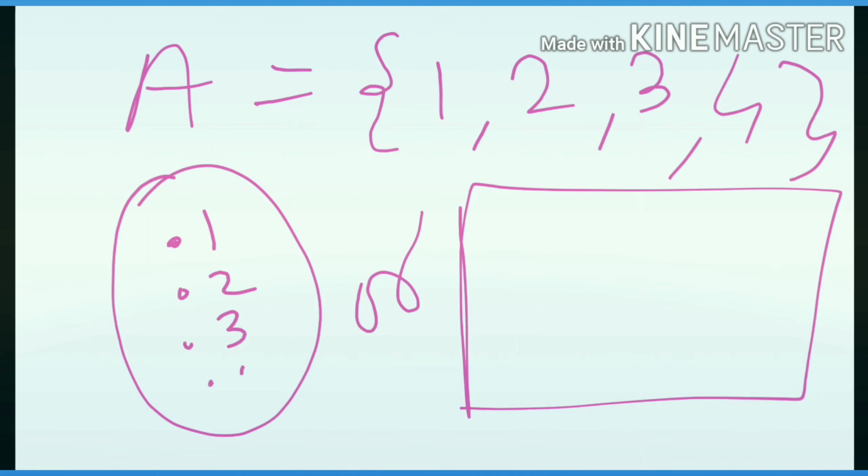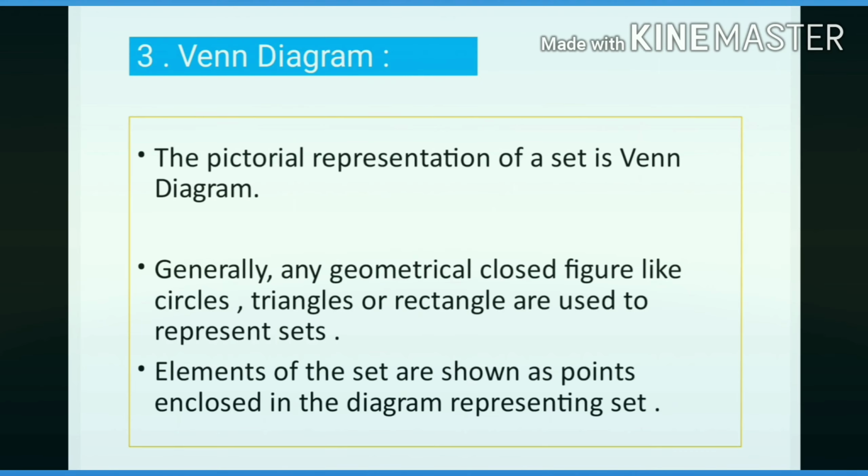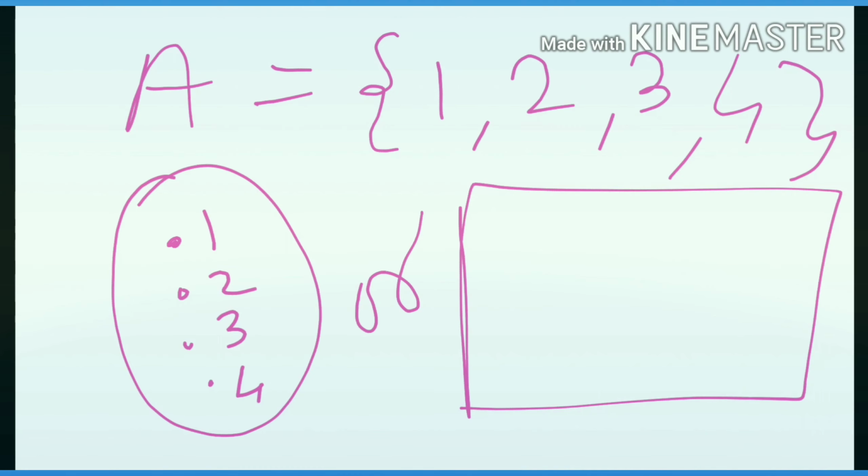Inside the closed figure, the elements of set are 1, 2, 3, 4. Here the point is given, elements of set are shown as points enclosed in the diagram. Okay, so got this point? Means to represent elements you have to take points in the closed figure, like this, 1, 2, 3, 4. So this is Venn diagram representation of a set.